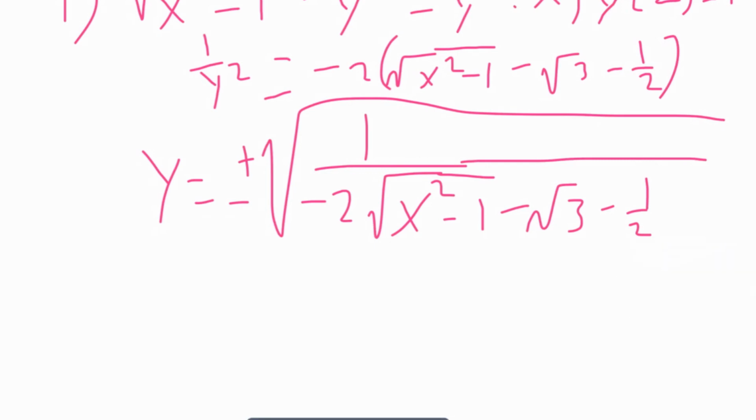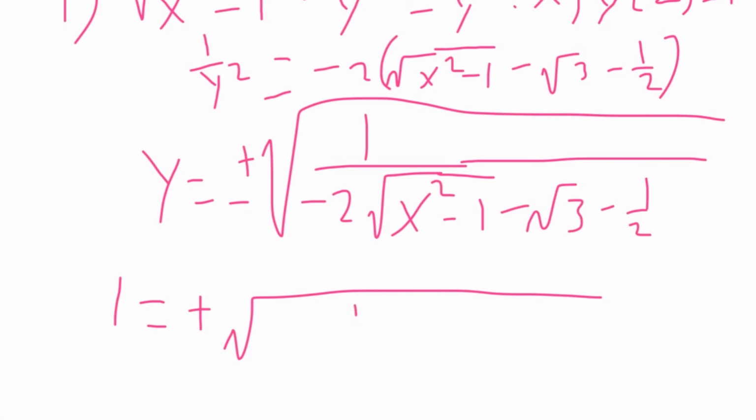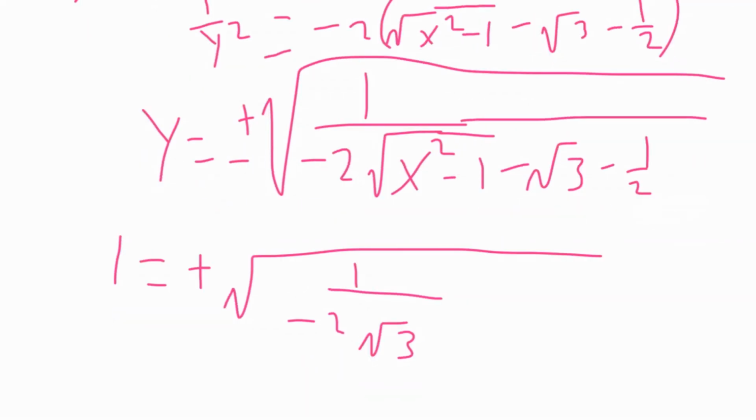So let's test out the positive solution. We're going to plug in the initial value. 1 is equal to the positive square root of 1 over minus, we're going to plug in 2 for x, so minus 2 root 3, leave parentheses here, minus root 3 minus a half.